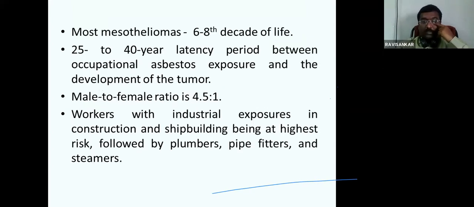Most mesotheliomas occur in the 6th to 8th decade of life. There is always a 25 to 40 years latency period between the occupational exposure and the development of the tumor. The male to female ratio is more common among male because of the more exposure to asbestos.